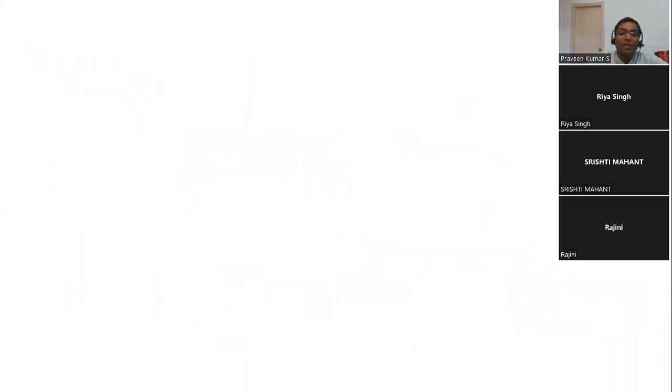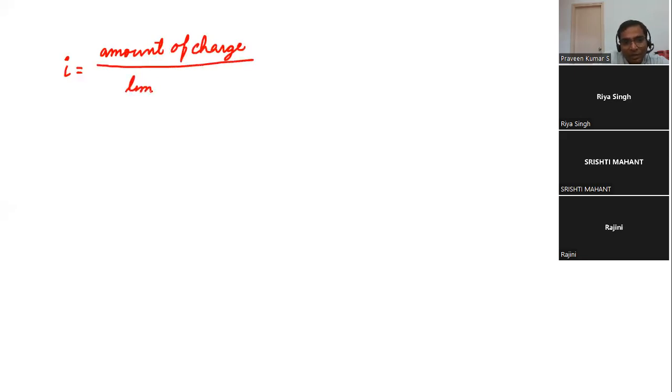Okay, now how does it measure? Current, for which we usually use the symbol I, is measured as the amount of charge that is flowing through the meter in a unit amount of time. Okay, now what is the unit of current?